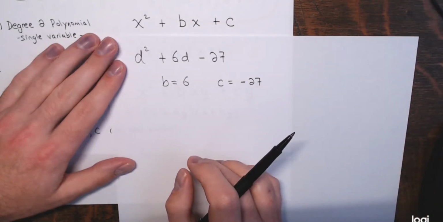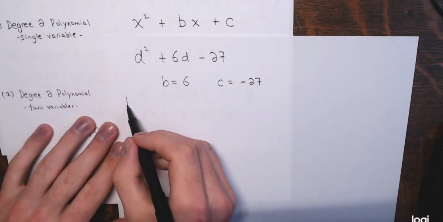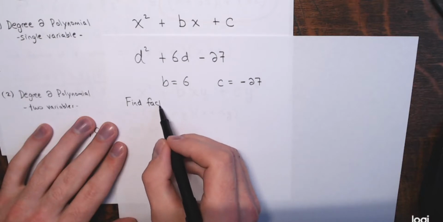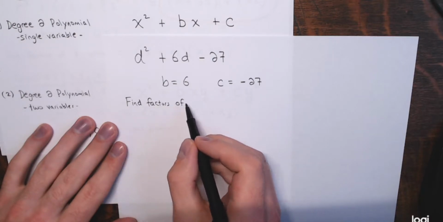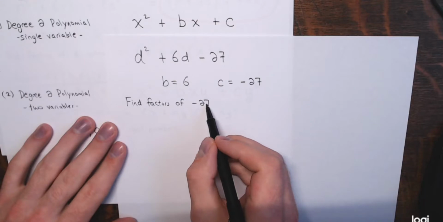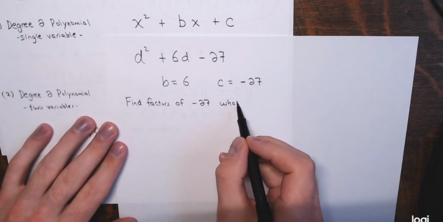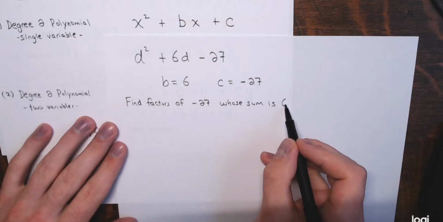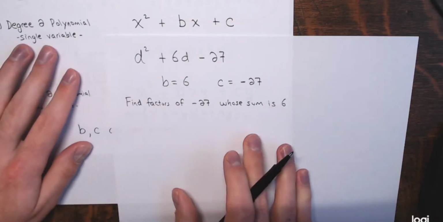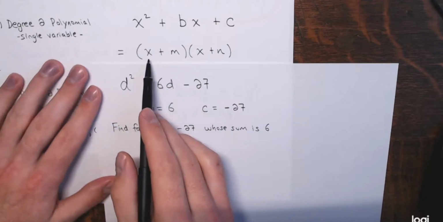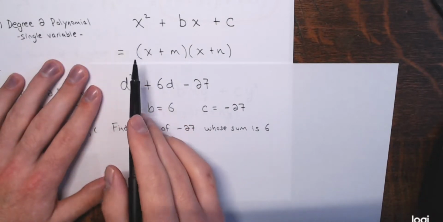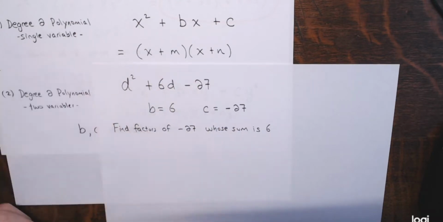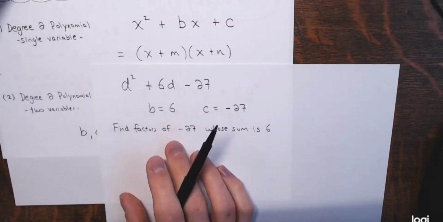And then just as I've been doing, I'm trying to find a pair of factors of c, of negative 27, whose sum is b, whose sum is positive 6. And then once we find those, because the lead coefficient is 1, the factors will be just d plus one of them times d plus the other one. Right? It's very, very simple when the lead coefficient is 1.